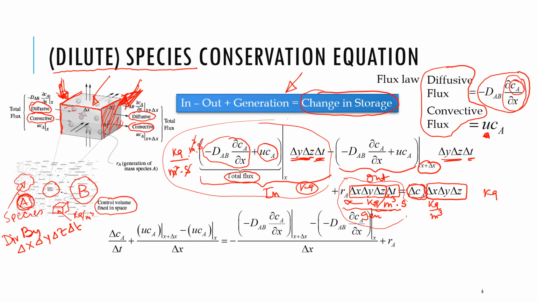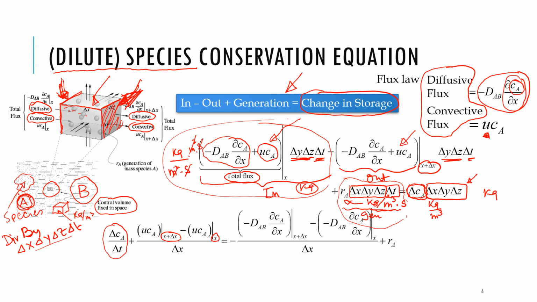If I do that, you can see that, for example, the storage term becomes del Ca, del t. Then the convection term, if I collect these two terms and rewrite this way, UCa at x plus delta x minus UCa at x, and because of the division I get a delta x at the bottom, because delta y, delta z, delta t cancels out.